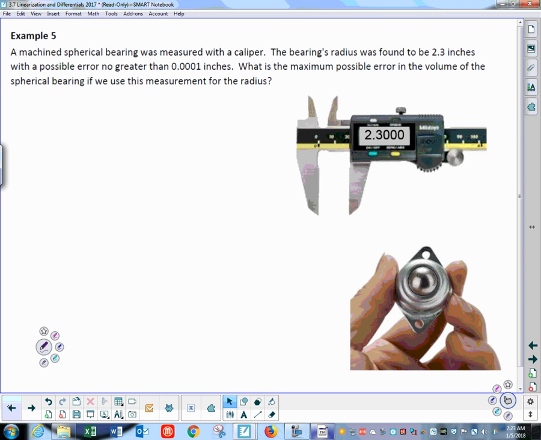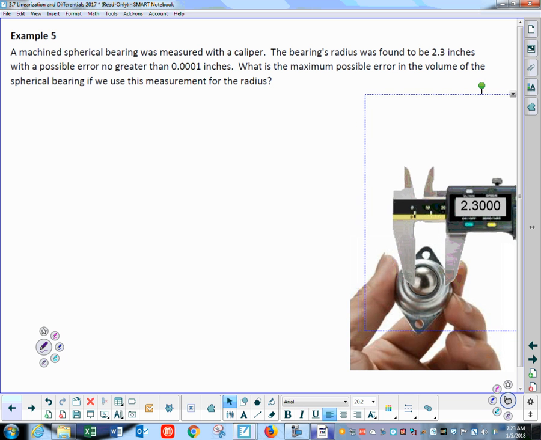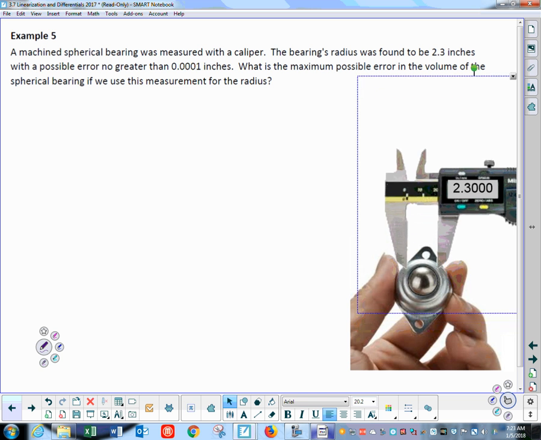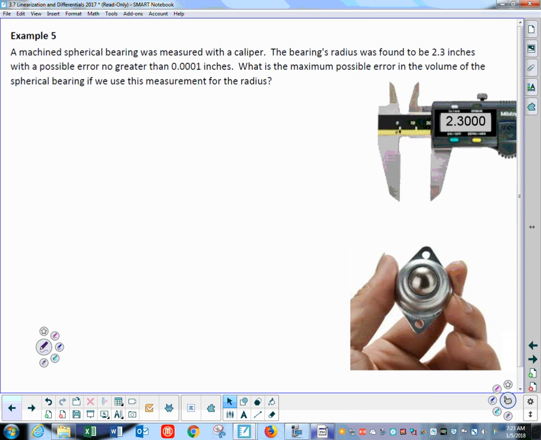Example 5 is a good example of the usefulness of these differentials. And this one says a machined spherical bearing was measured with a caliper. The bearing's radius was found to be 2.3. So if we measured the diameter and halved it, it was found to be 2.3.